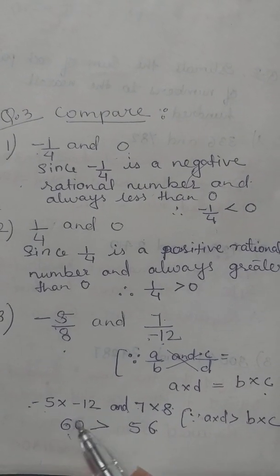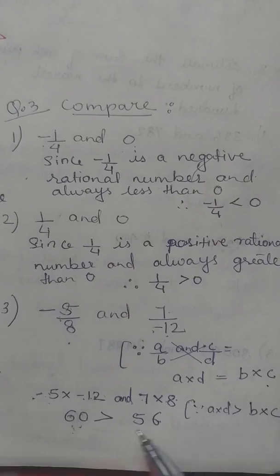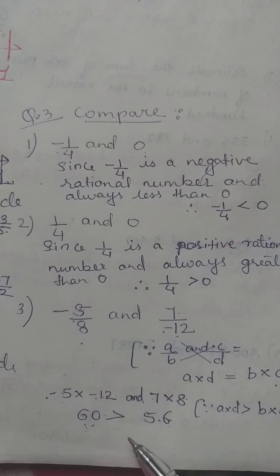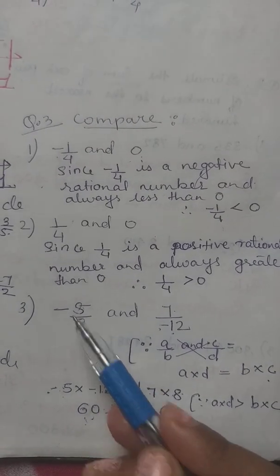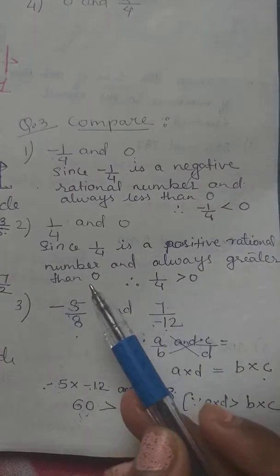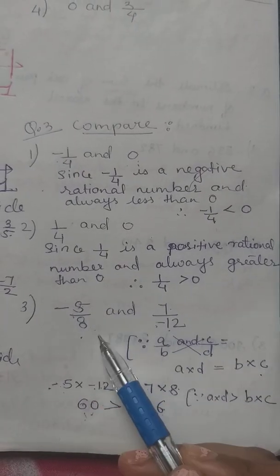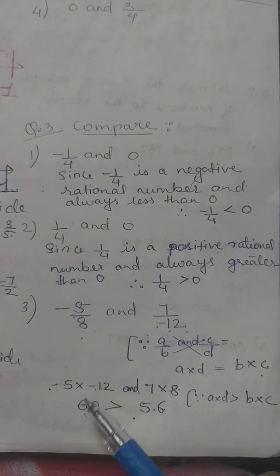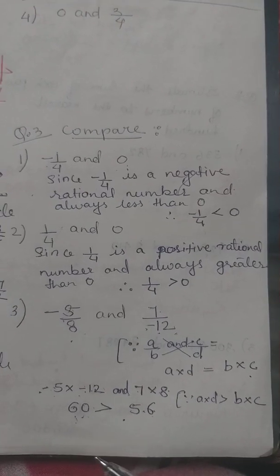Now you will ask about minus, minus minus became plus. So 5 12s are 60, 7 8s are 56, 60 is greater than 56. So this is one of the ways to solve the same sum, wherein you do cross multiplication, A by D and B by C. See, A upon B, C upon D, multiply, and whichever side is larger, that is the greater number.